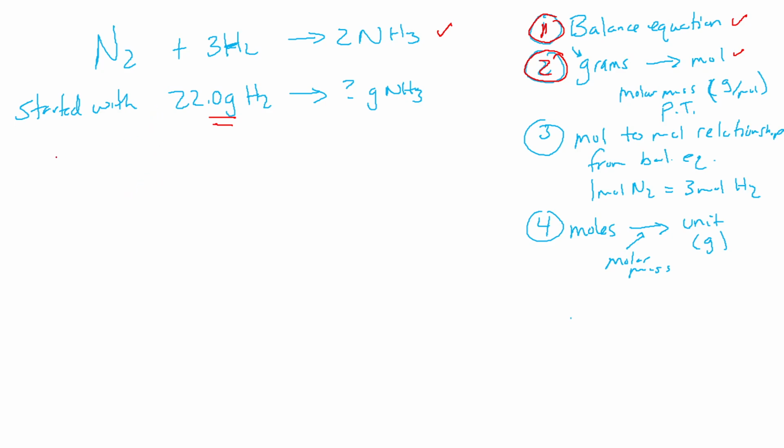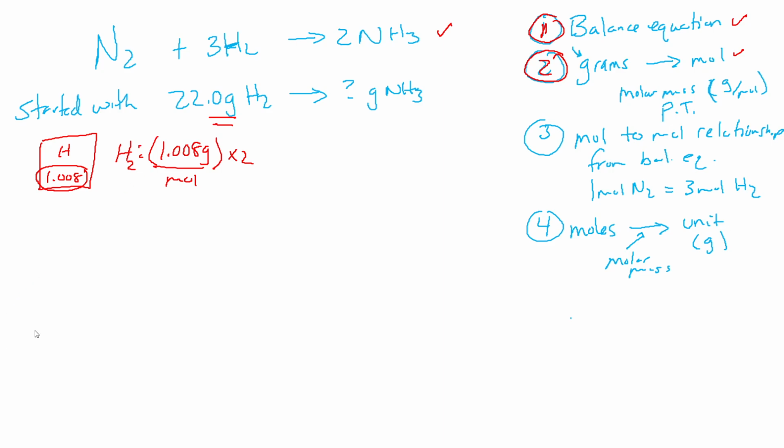To do step number 2, I need to go to the periodic table, find hydrogen, find the molar mass from the periodic table, which is this number at the bottom. That means the molar mass of hydrogen is 1.008 grams per mole, but it is actually H2 here. So to find the proper molar mass, we do need to multiply this by 2, and we will get our molar mass here.